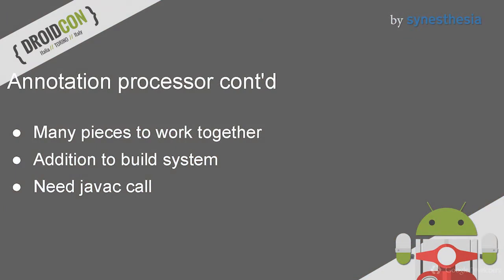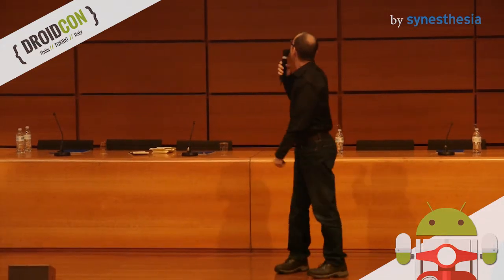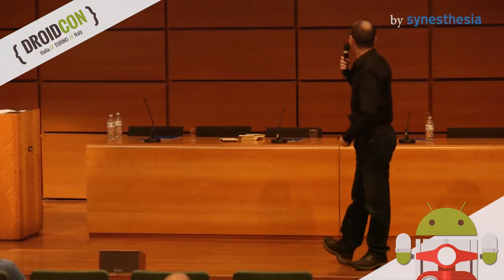Another thing that we can think about literally with annotation processing is that there are many pieces to glue together, which makes it a little bit of an investment. In the first place, there's an addition to our build system, because we have to go and grab files and build files and glue them together from various places, but luckily we have Gradle, which makes it a little bit easier, like defining your own custom tasks.